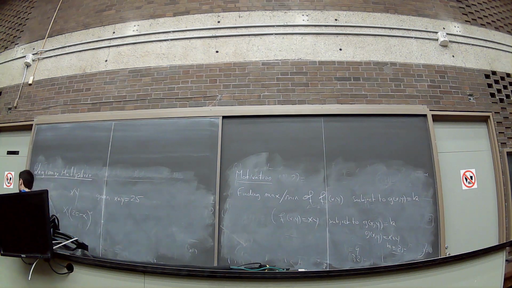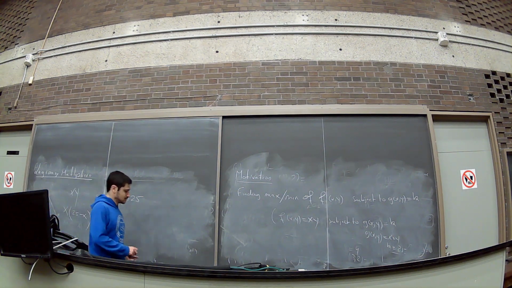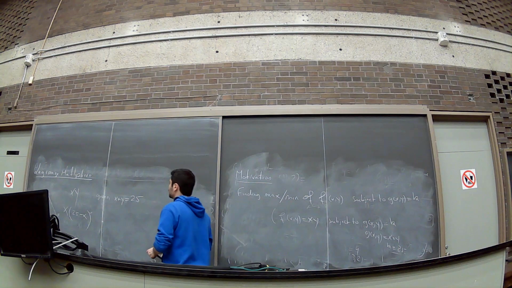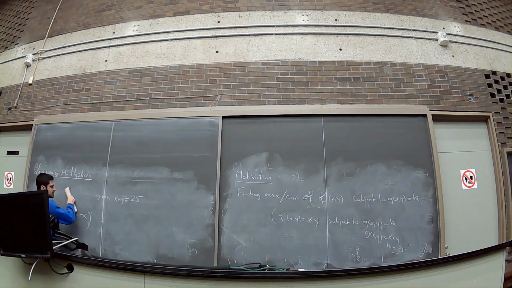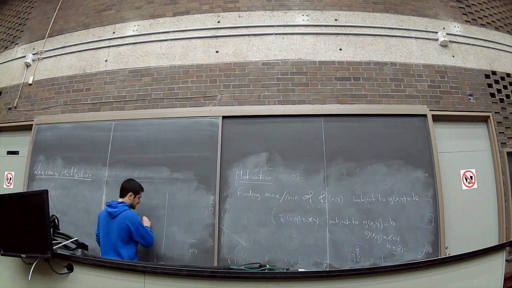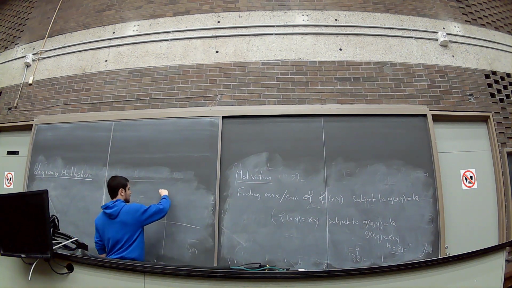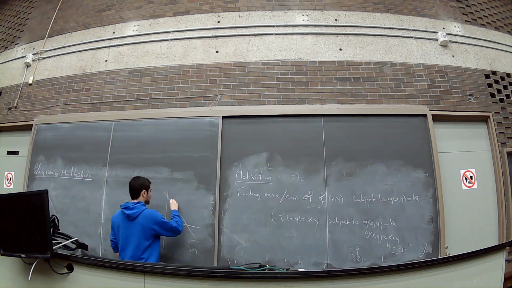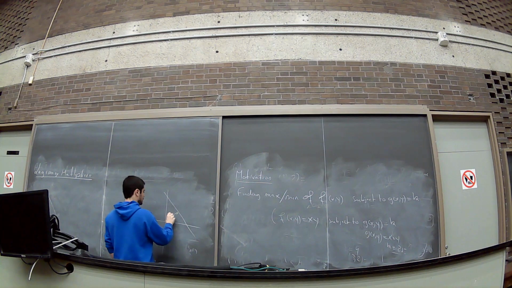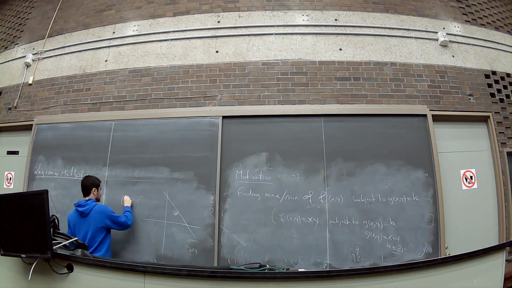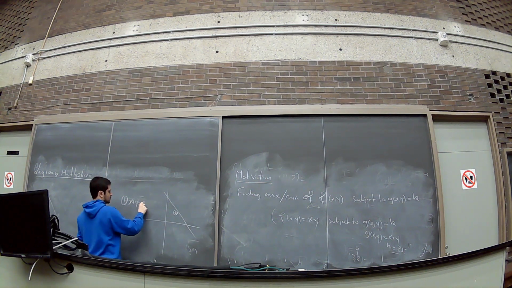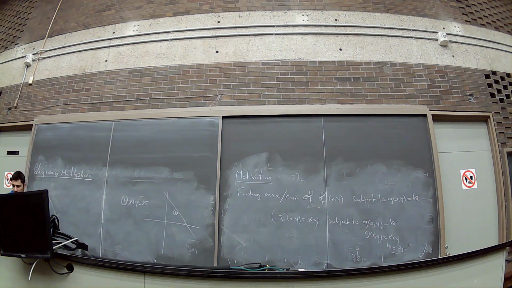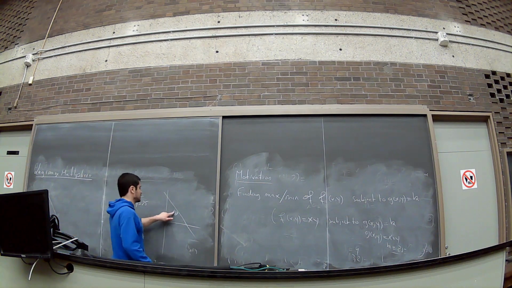Okay, so let's draw things. Let me draw the line x plus y equal to 25. This is an easy example, which is why it's nice. Of course, we're doing values of x and y that are strictly positive.